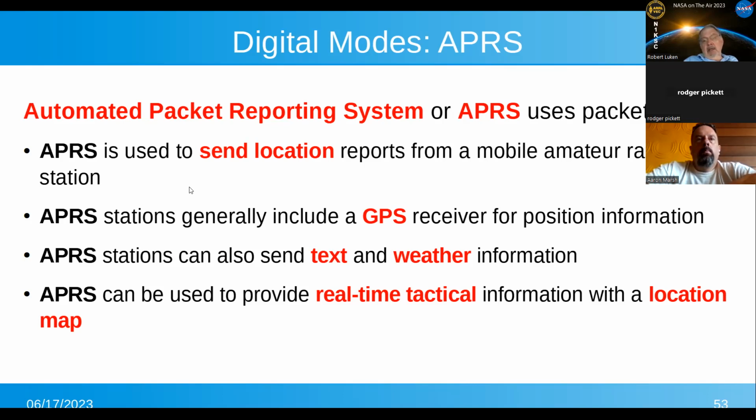And a lot of them have a GPS receiver, so they'll send your location information. And there's receiving stations that can detect that and send it to sort of a central location.